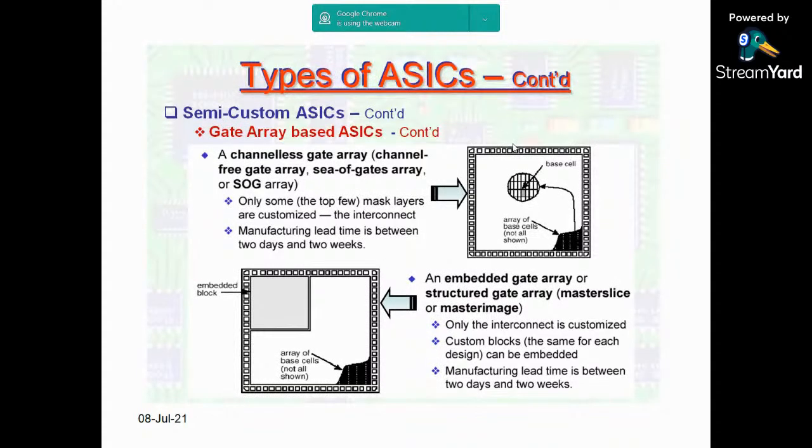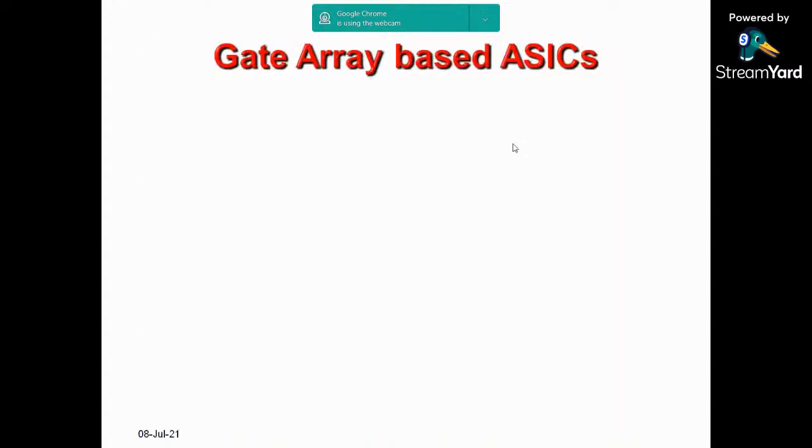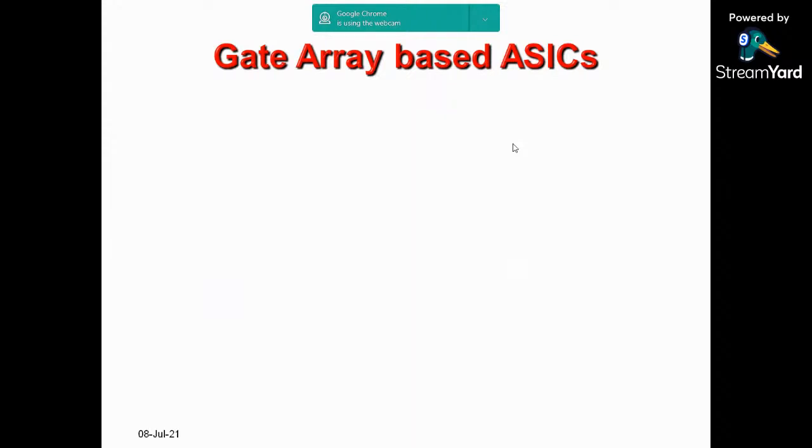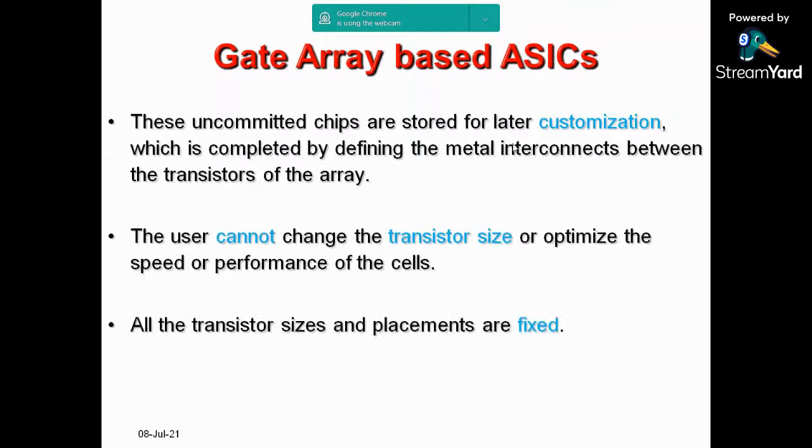I just want to show the picture. They have zoomed in on one base cell, and that will be replicated over the entire array. They are not only pre-characterized and tested, they are also prefabricated. So the only customization you do is the interconnects.